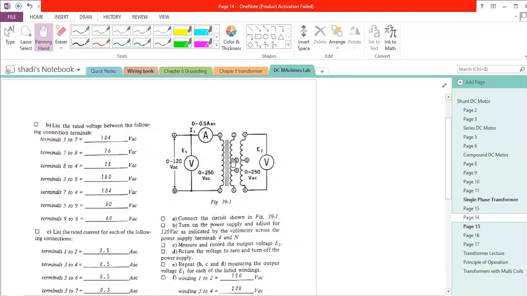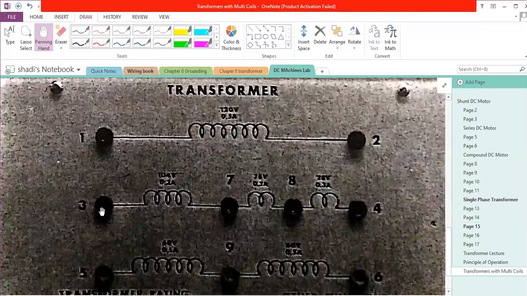Terminal 3 to terminal 4, we have this big transformer where we have other exit points, which are going to be terminal 7 and terminal 8, which are represented here. This is terminal 3 to terminal 4.